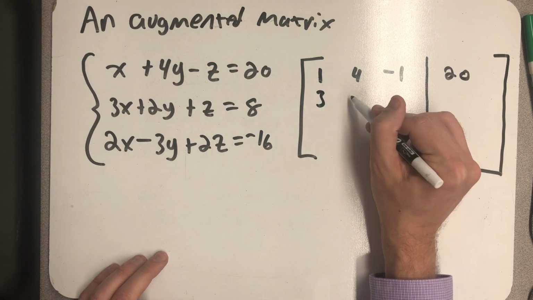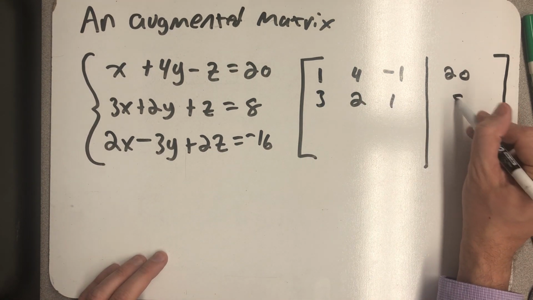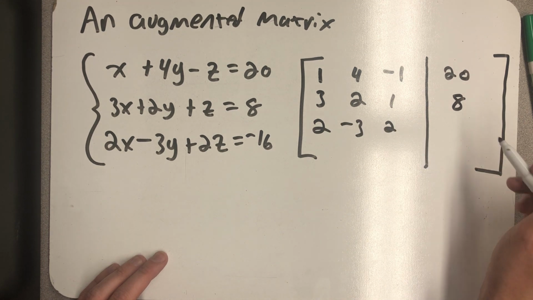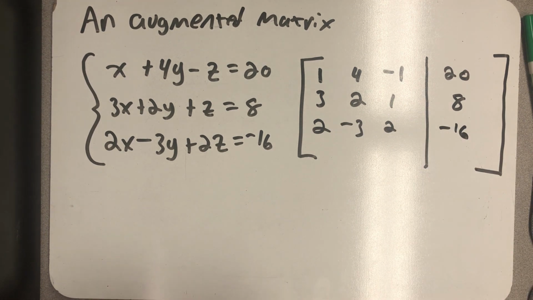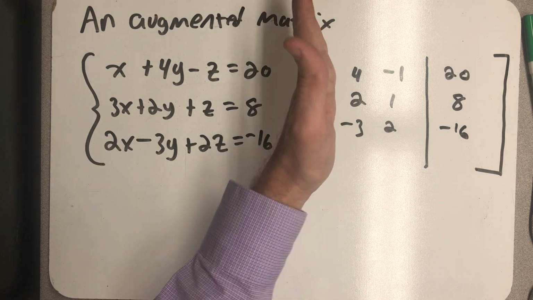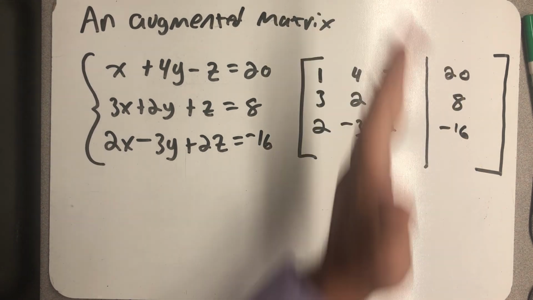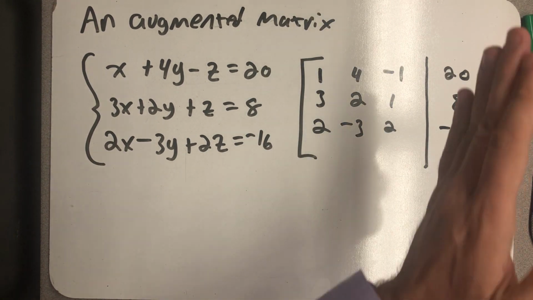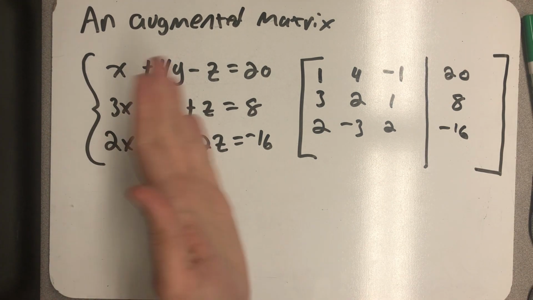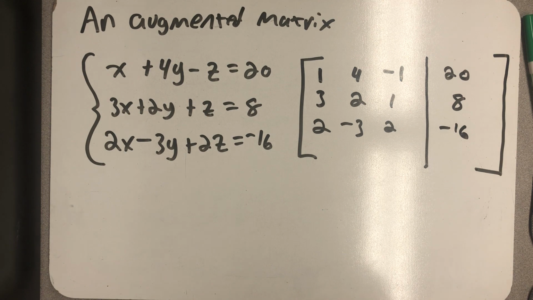I have 3, 2, 1 is equal to 8, and 2, minus 3, 2 is equal to minus 16. This is called an augmented matrix. And it's very important that I have x's, y's, z's so that I have a column for the coefficients of x, a column for the coefficients of y, a column for the coefficients of z, and finally a separate column for what these equations were all equal to.